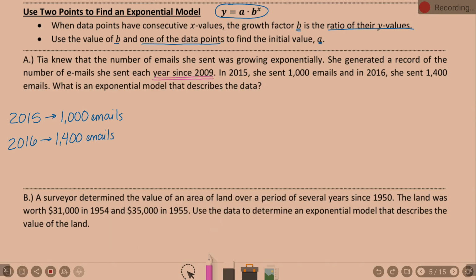Each year since 2009. So when we talk about what our X value is, because they are consecutive years, we're going to talk about years since 2009.